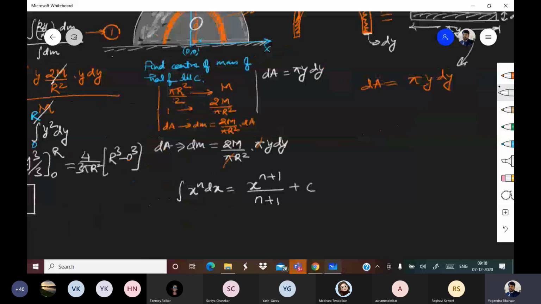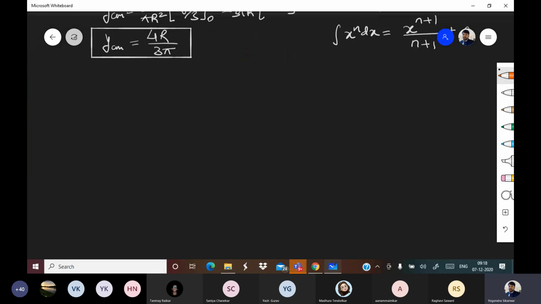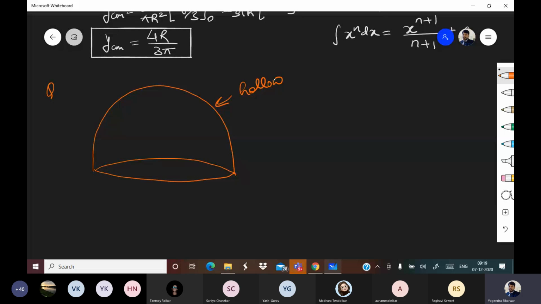Now I am giving you two questions as homework, all of you, and that will be checked. Question number one: hollow shell. This is a hollow hemisphere. Okay. What you need to do is find its center of mass.